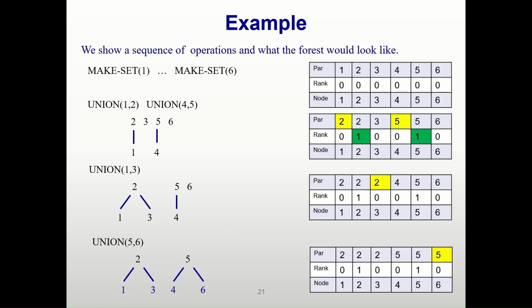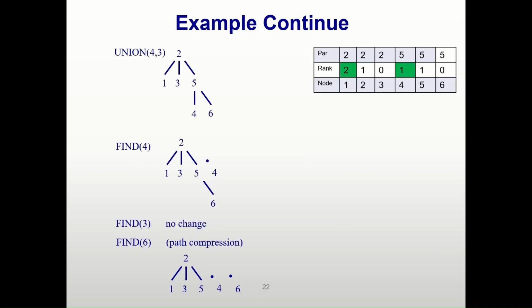After that, union 1, 3 connects 1, 2 and 3, while union 5, 6 connects 4, 5 and 6. Here we can see the parent and rank updates at each step in the table. Next, union of 4, 3 merges the two groups into a single connected component. Then we perform some find operations.